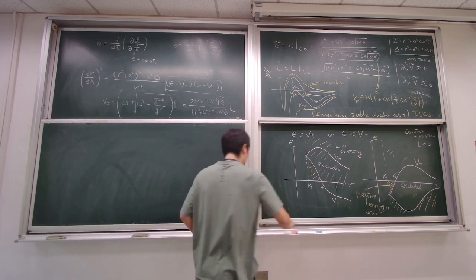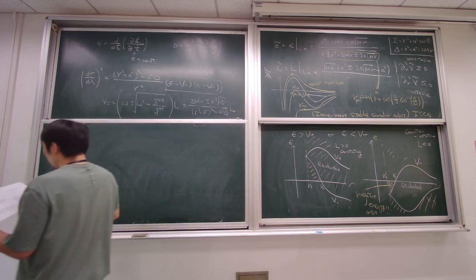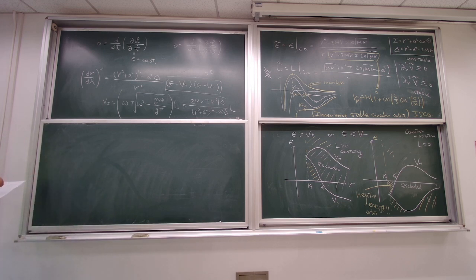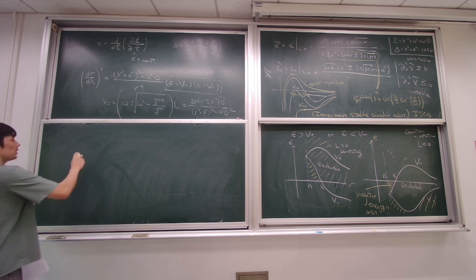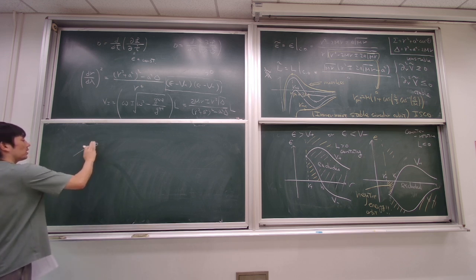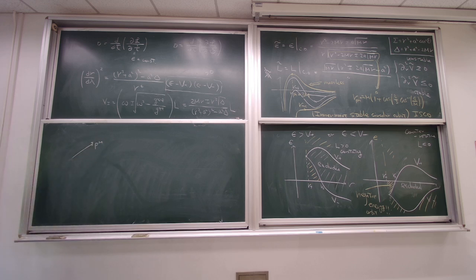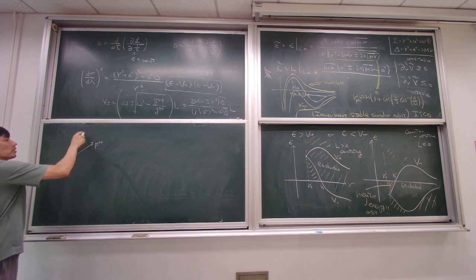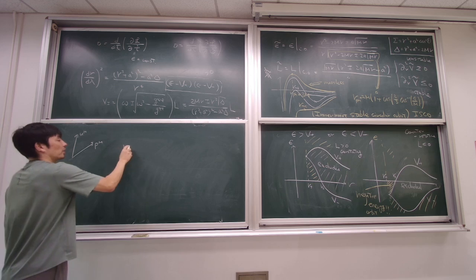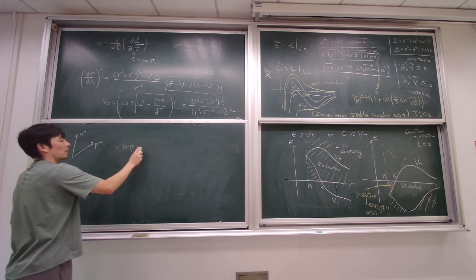So the rough statement is that if P^mu is massless, so it's a null vector, and U is the observer, then -U·P is epsilon.